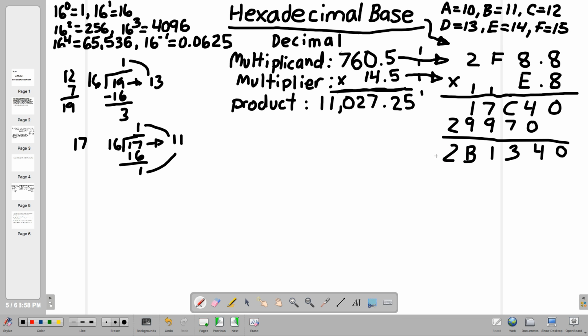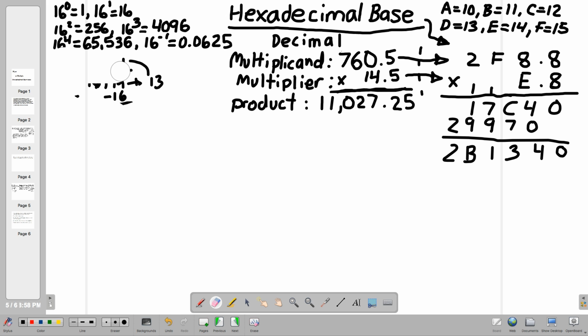And so we want to show that our expected product here is the value 11,027.25. And before we even do that, we have to consider that this is dealing with decimals. And so we have 2 digits here to the right of the decimal point.